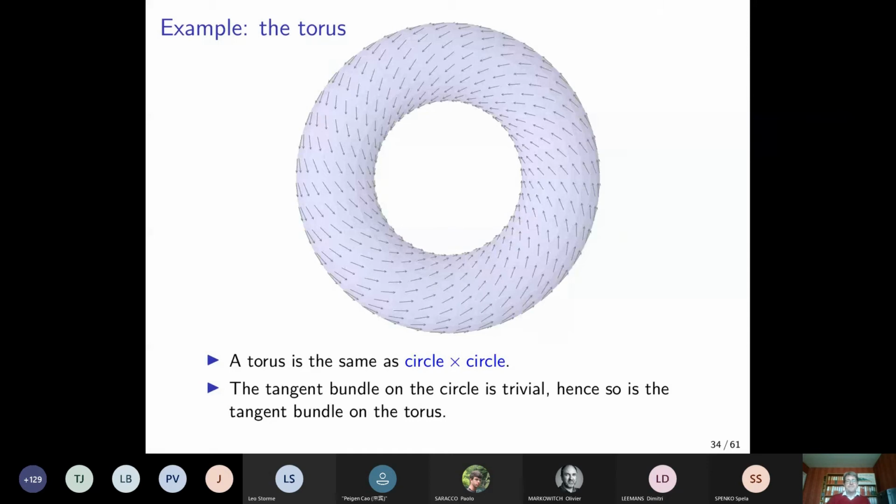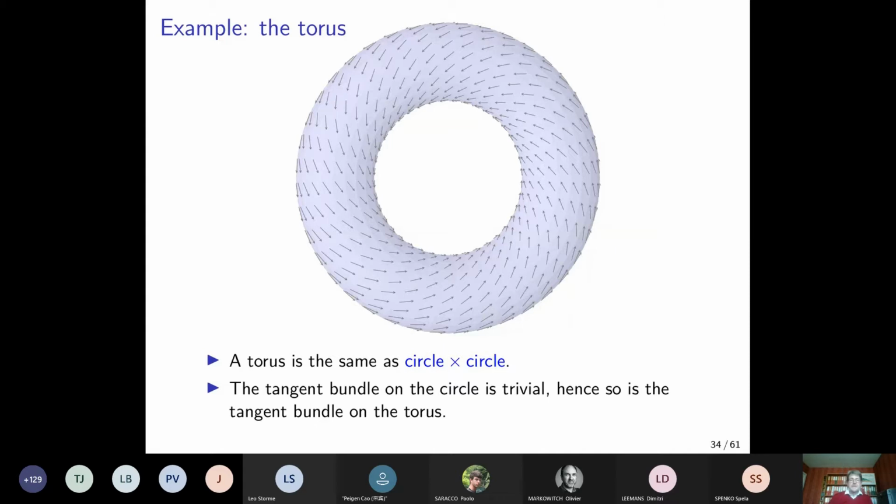Some other examples. Here is a torus. A torus is a surface with one hole in it. And to specify a point on a torus, you basically have to specify a point on two circles. So you have to specify where it is, like here, and you have to specify where the point is, like here. So a point on a torus is the same as specifying a point on two circles, so we can identify a torus with a circle times a circle.